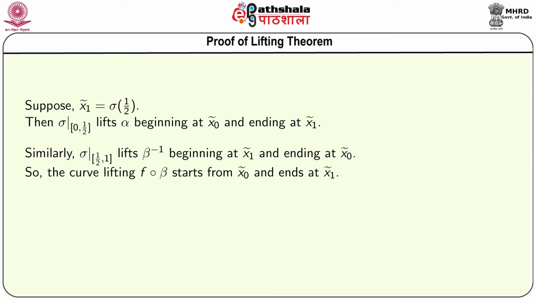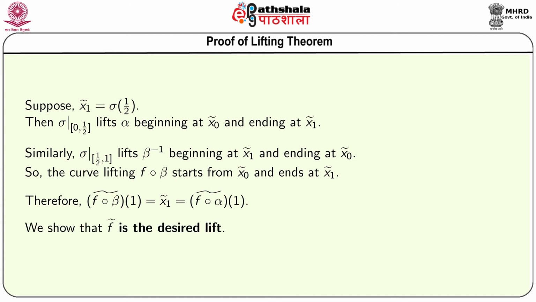So, the curve lifting F composed beta starts from x0 tilde and ends at x1 tilde. Therefore, F composed beta tilde evaluated at the point 1 is equal to x1 tilde, which is again equal to F composed alpha tilde evaluated at 1.